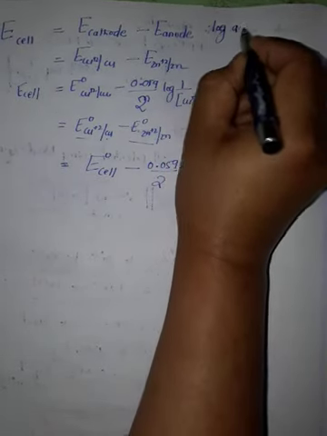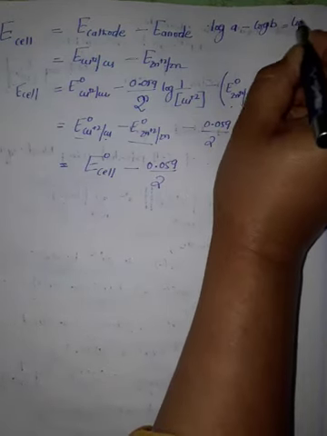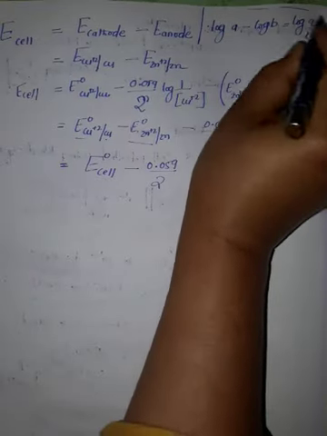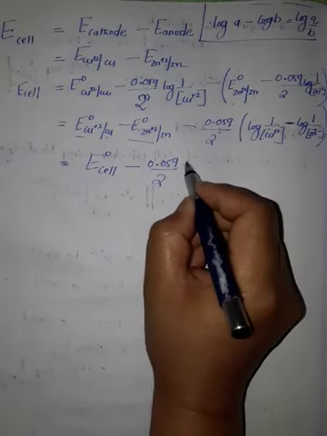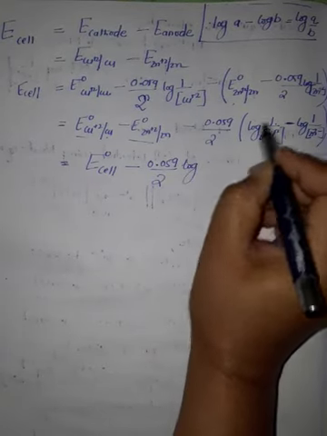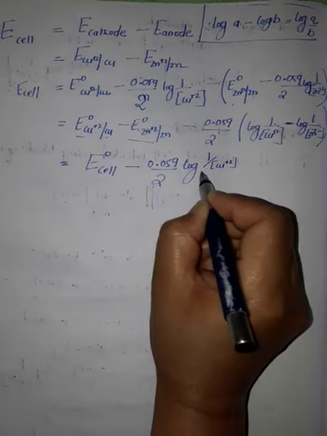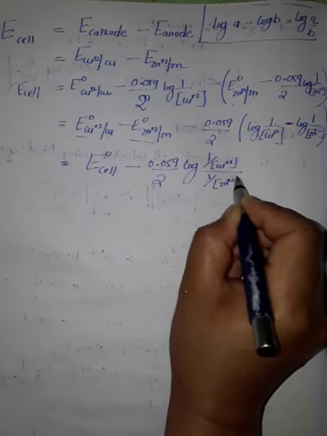It can be written as log A divided by B. So A is 1 divided by the copper ion, divided by 1 divided by the zinc ion.